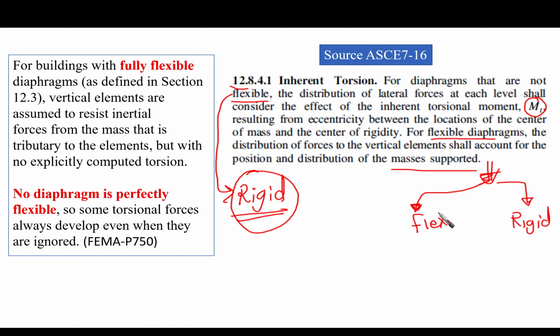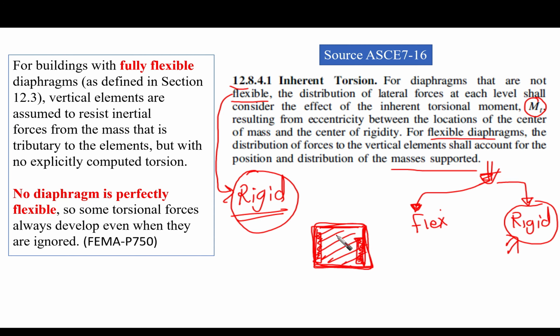Because if it's a rigid diaphragm, then what I'm going to explain from now on applies. Rigid diaphragm means that the floor itself fulfills the condition of a rigid diaphragm, and the whole floor is able to transmit the lateral force based on the rigidity of the elements of the lateral resisting system. So the diaphragm is rigid enough.